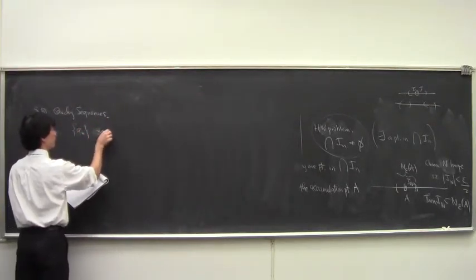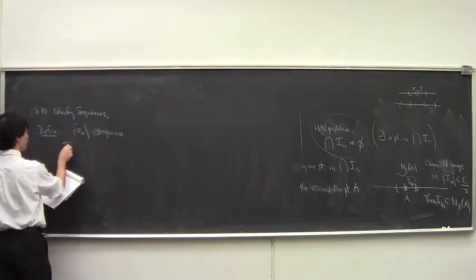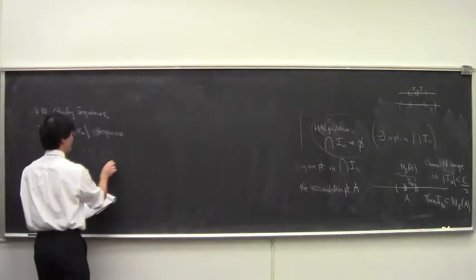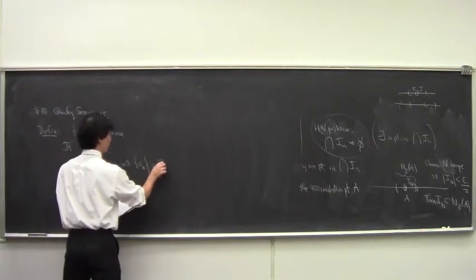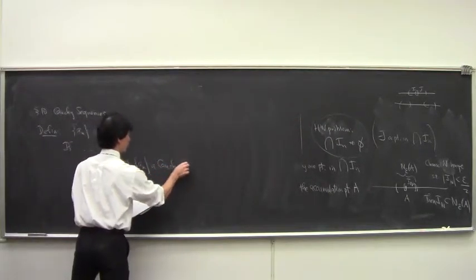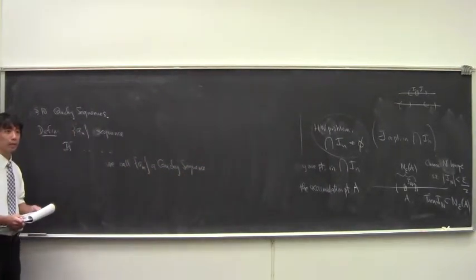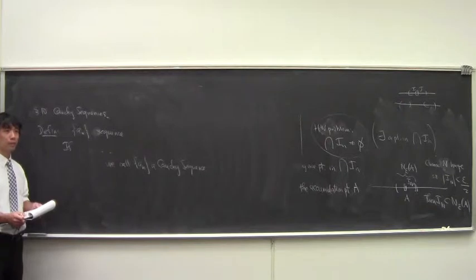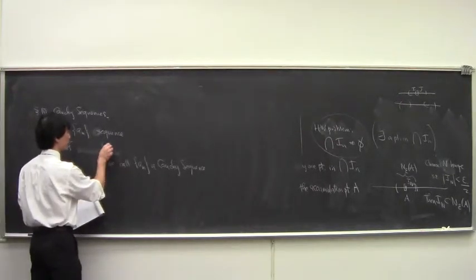You have some sequence. If something happens, we call it a Cauchy sequence. Yeah, okay. Isn't it something like if the absolute value of s of n minus s of m is less than epsilon?